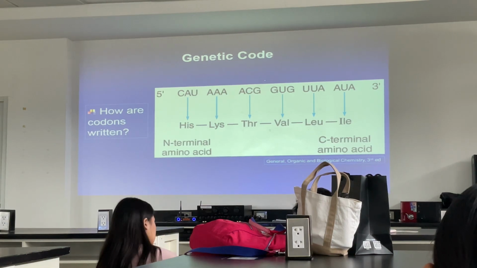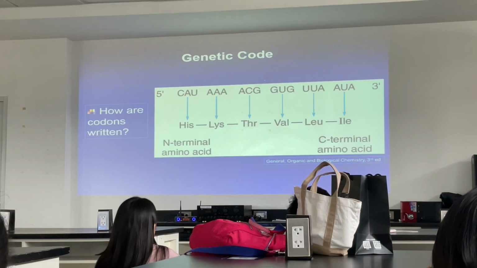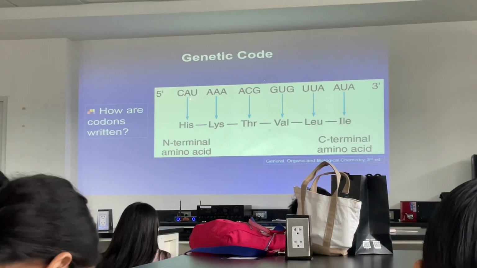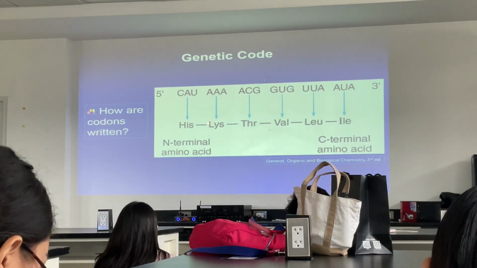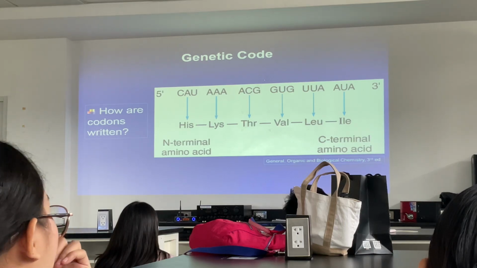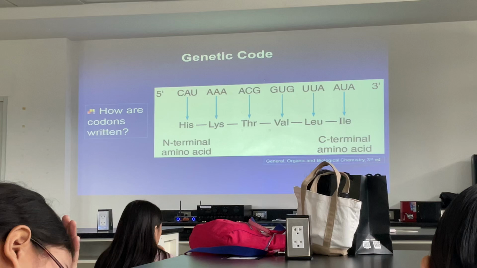If you can remember our case presentation on sickle cell anemia, any mutation causing a change in the sequence of these nucleotides will change the amino acid at a particular position in the peptide chain.